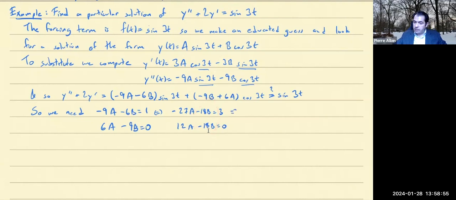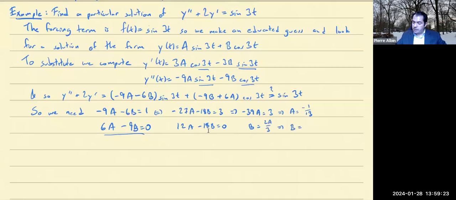So then if I subtract the bottom equation from the top equation, I end up with minus 39a equals 3. Right, which tells me that a is equal to minus 1 over 13. And then solving this equation for b, I get b is equal to 2a over 3.